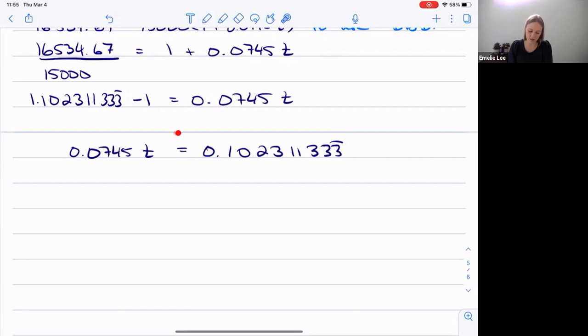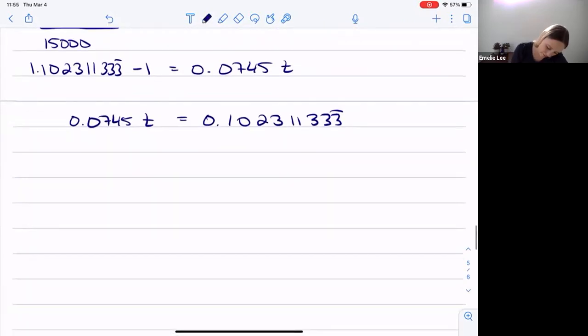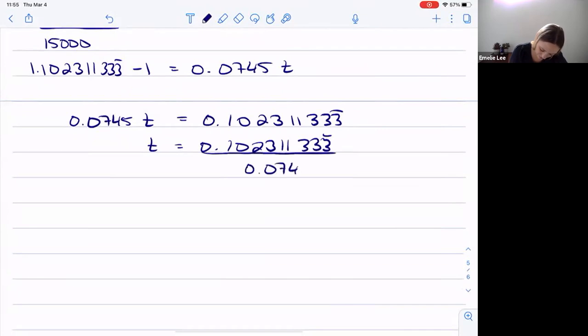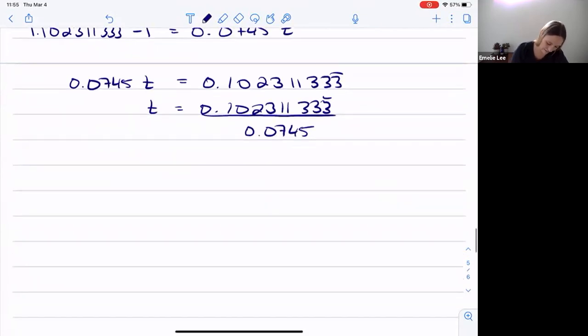Then I'm going to divide both sides by 0.0745. So t becomes 0.102311333, repeating, divided by 0.0745.